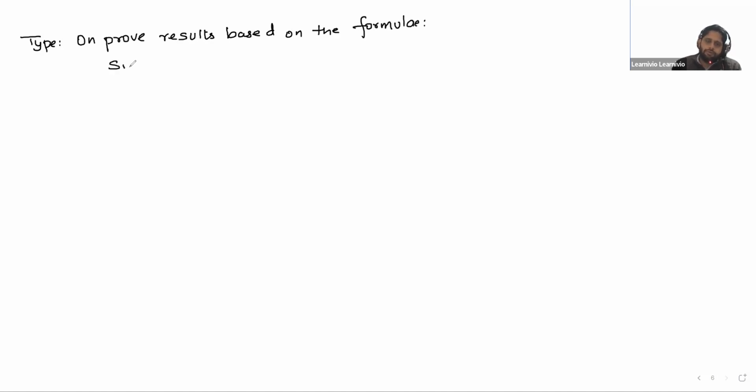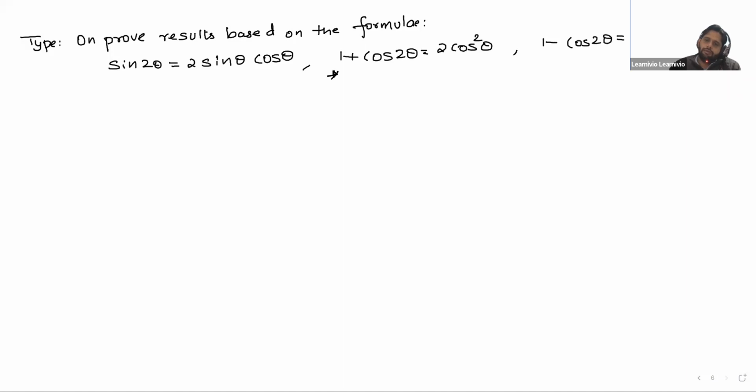This one, sin 2 theta, we discussed yesterday. This is 2 sin theta cos theta. Then we have a very important formula: 1 plus cos 2 theta is 2 cos square theta. Next is 1 minus cos 2 theta equals 2 sin square theta. These two formulas are very important, and they are not new for you. For cos 2 theta, we did 4 formulas yesterday. The first is cos 2 theta equals 2 cos square theta minus 1.